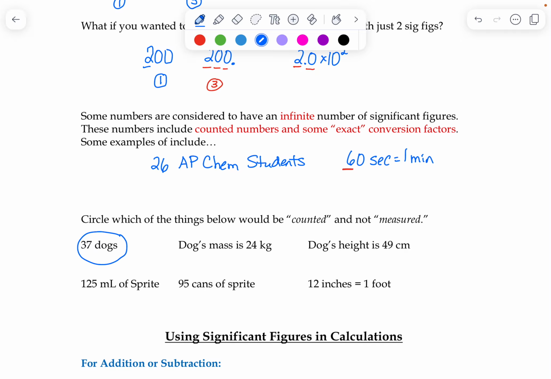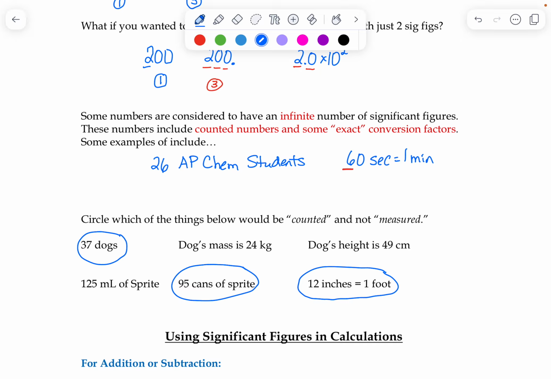You're counting, not measuring. So it's 37 on the nose, 37 dogs, not a little more, not a little less, not a measurement, you're counting. You could count out cans of Sprite. There are exactly 12 inches in a foot, not a little more, not a little less.